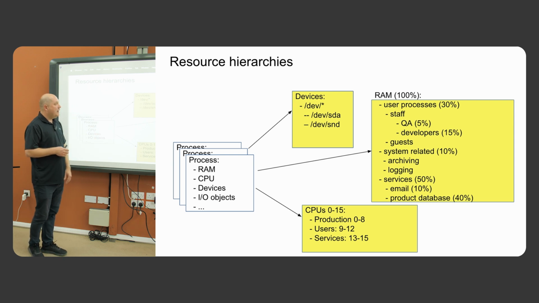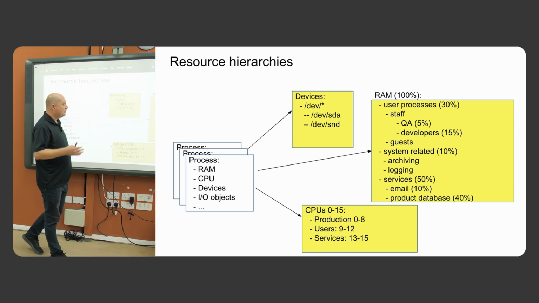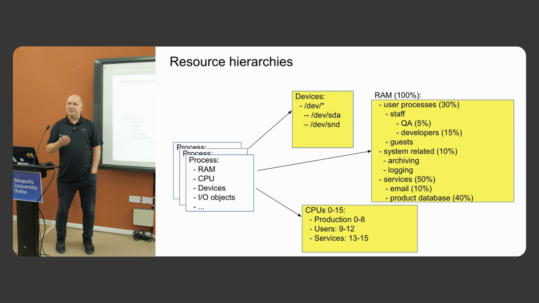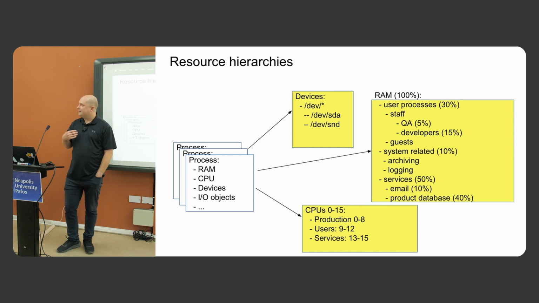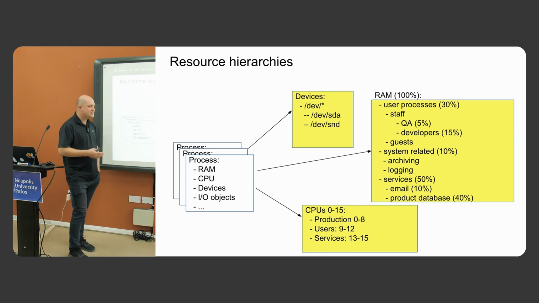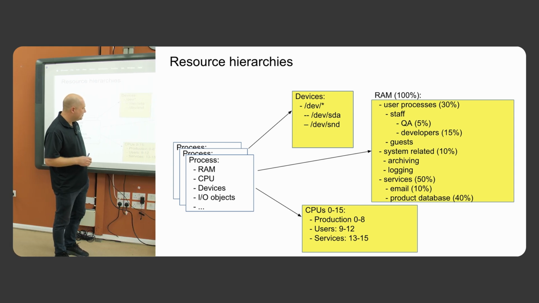And you have again RAM. I'm talking about physical RAM, but it also can be applied to the swapping space, not virtual addresses. Each process can have its own virtual address space.